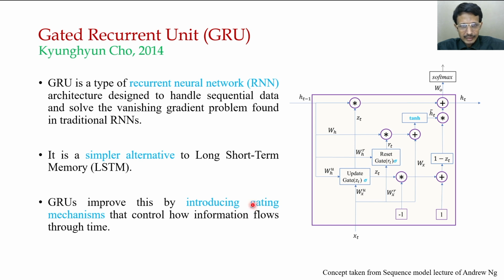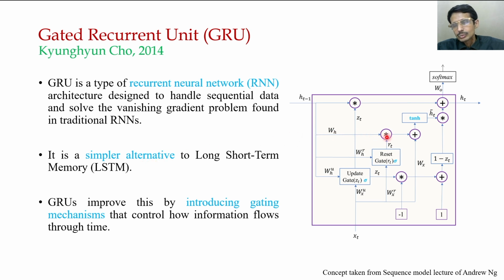They introduced two gates here: one is the update gate and one is the reset gate, that we will discuss here. So GRU improves the RNN by introducing the gating mechanism that controls how information flows through time. They are very similar to what we have seen earlier in LSTM, but it's a bit simpler.